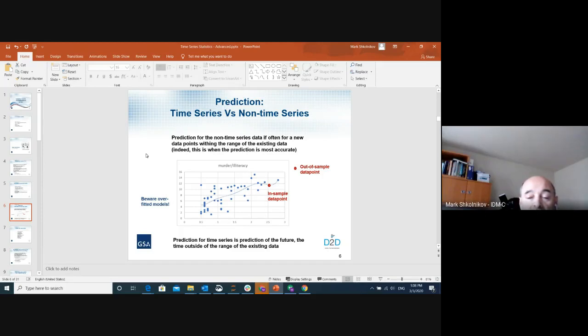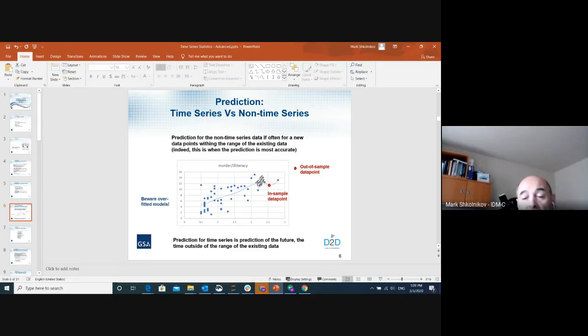So let's say on this slide I have a picture of our previous training. This is murder versus illiteracy, and you collected this data in year 1, and then you collected this data in year 2, and your new illiteracy rate falls within that range from 0.5 to 3.